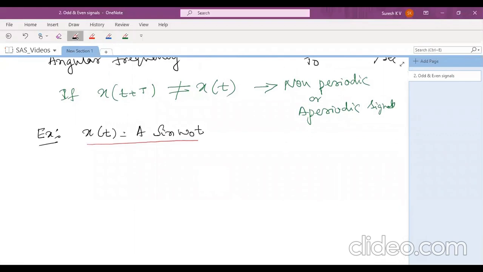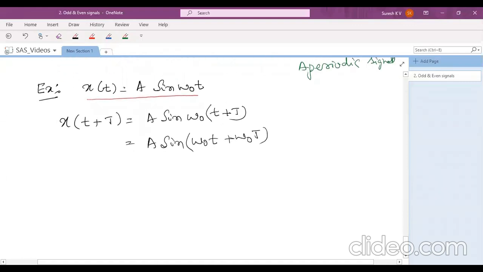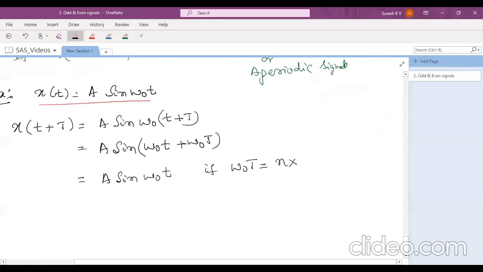So the condition to be followed is, calculate x of t plus capital T. So on the right hand side, replace t by t plus T. So this is A sine omega naught t plus omega naught capital T. And all of us know that this will be equal to A sine omega naught t if omega naught into capital T is an integer multiple of 2 pi.